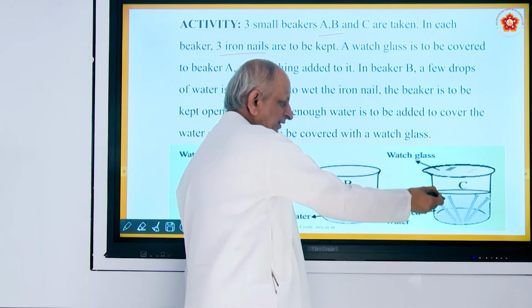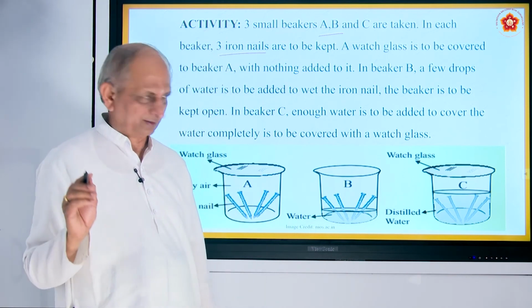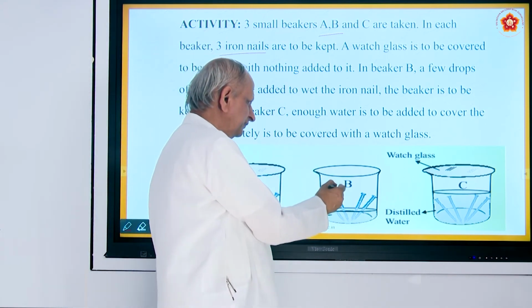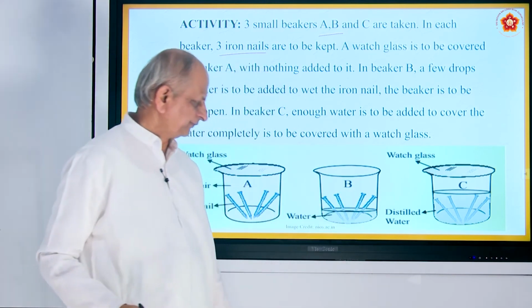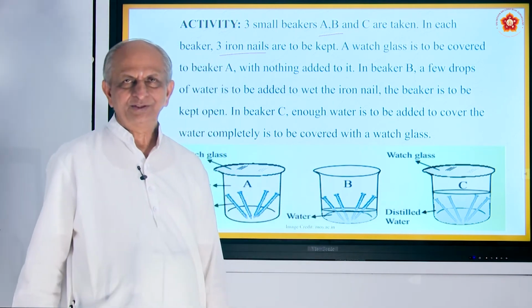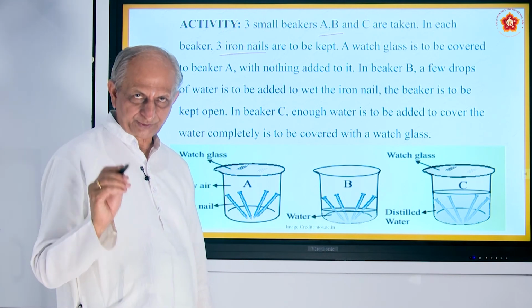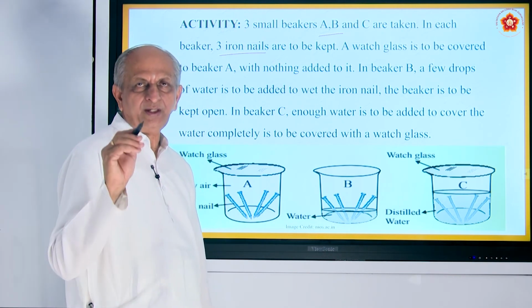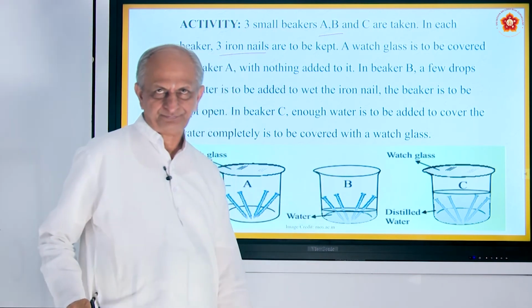Here there is water, but there is no oxygen. Again, it is not rusting. In this case, there is oxygen also, water also, and hence it gets rusted. So what is rusting of iron? Rusting of iron is a process when iron comes in contact with moist air.